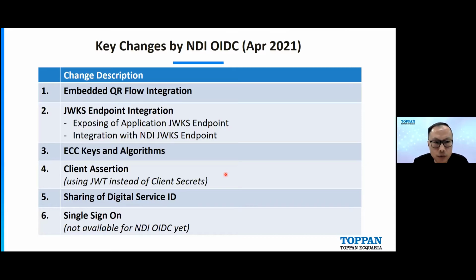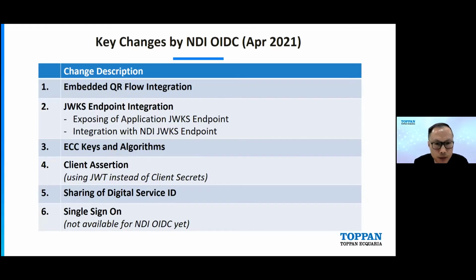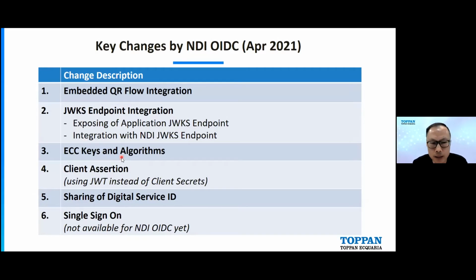There are also requirements for stronger keys and cryptography algorithms, using ECC keys and elliptic curve algorithms instead of the older RSA. And also the client assertion, which is basically using a digitally signed JWT instead of client secrets for your API calls. This is for better security.